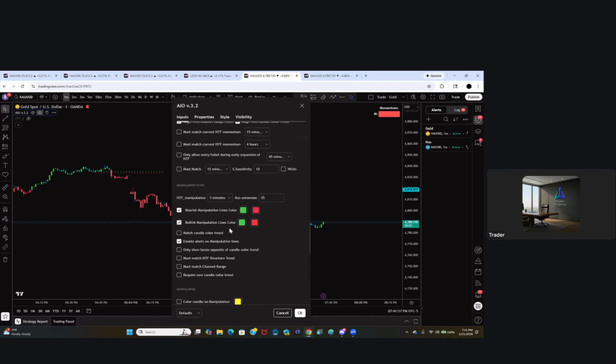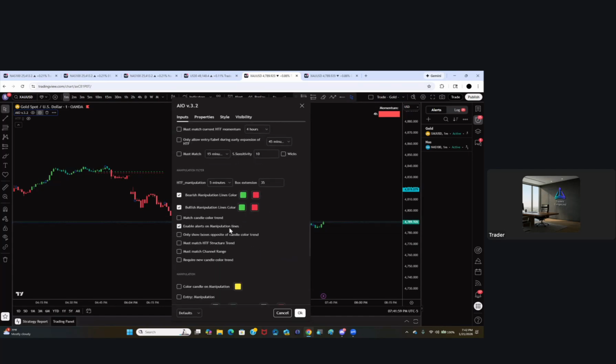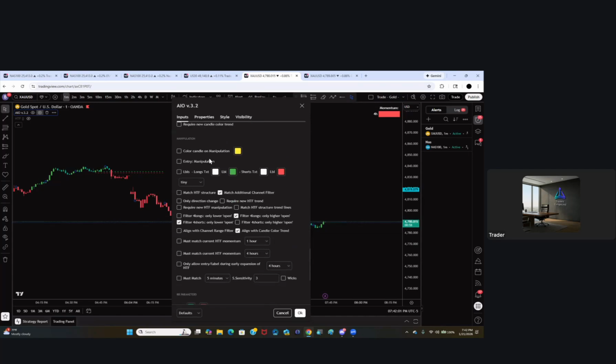And then other than that, the only other thing I saw people turning on were these right here, the actual labels that people are calling tags on the candles that are confirming the manipulation lines. You could turn that on if you want. I don't have mine turned on because for me, the manipulation lines are more of a zone, not a specific candle.